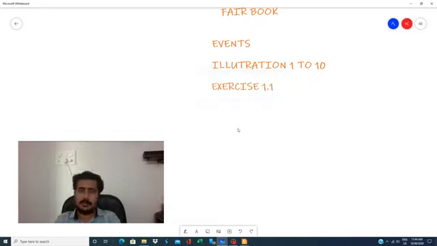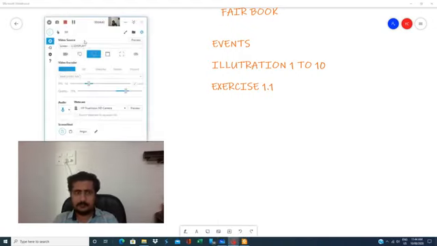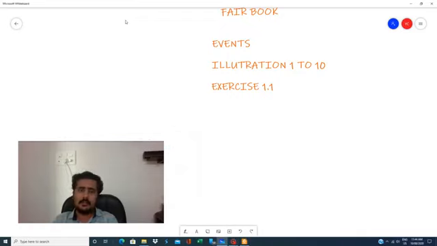We have completed all. We have done each and every sum from the starting of illustration 1 up to the ending of 1.1. We have done everything in all the lectures. So you just have to write in sequence in your fair book. It is not that we have not done anything. We have done everything.